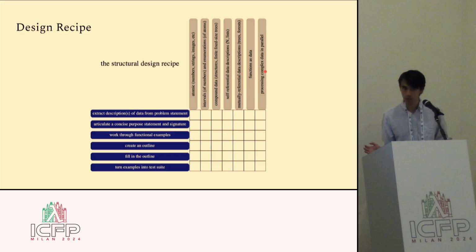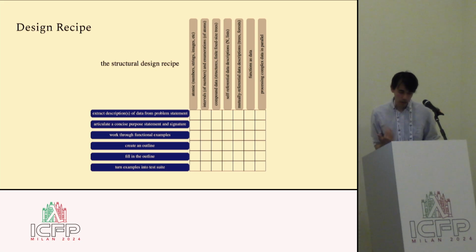In Fundamentals 1, you go along these columns. You start with atomic data and go through all the steps of the design recipe. Then you move on to more sophisticated kinds of data, and by the end of the course, you're operating over pretty sophisticated kinds of data.